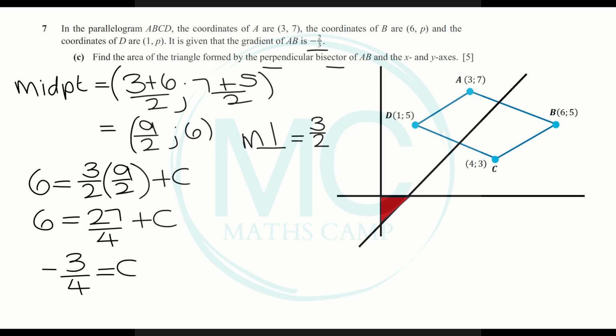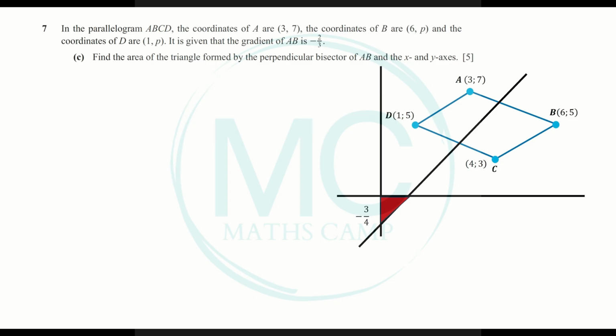We can make a note of this on our diagram. Now that we have our equation, we can find the x-intercept. Our equation now is y is equal to 3 over 2 x minus 3 over 4. To find the x-intercept, y is equal to 0. So let's move negative 3 over 4 to the left.